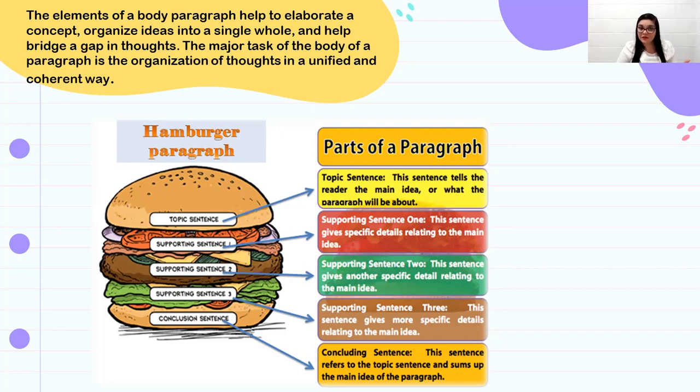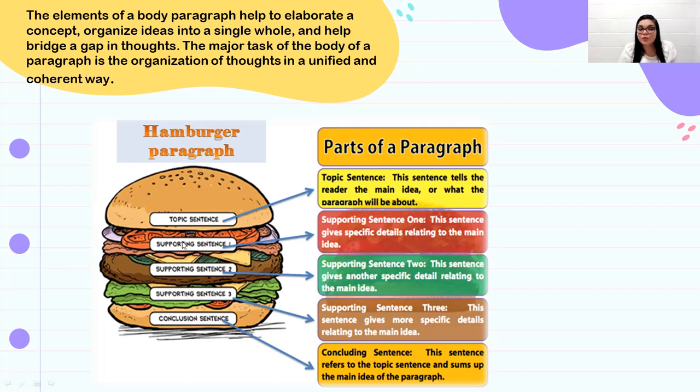As you see here in the picture, everybody likes hamburgers that are full, right? You don't like those hamburgers that have just a little bit of mayonnaise and a piece of meat, but you will probably like your favorite vegetables within. So think of the topic sentence as the top bun and the concluding sentence as the bottom bun.